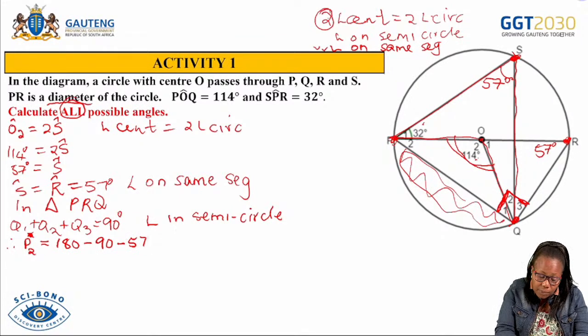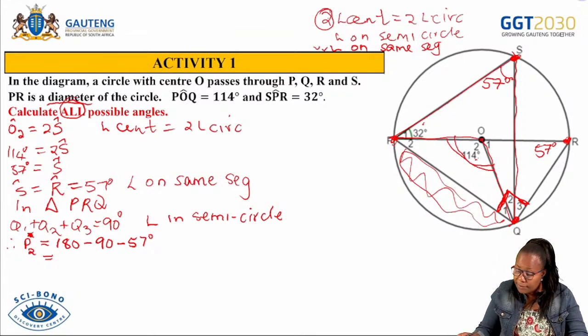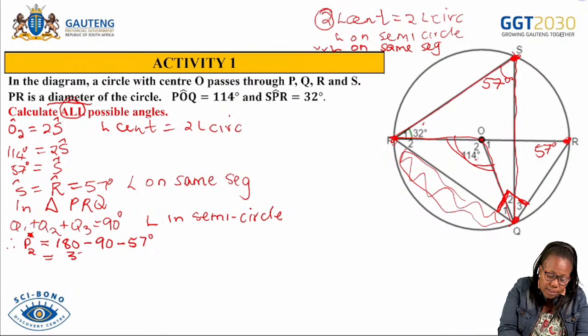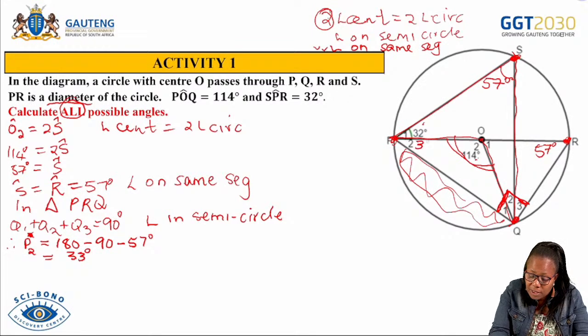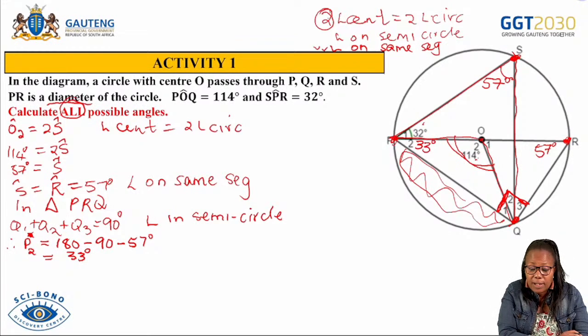Then this will give us how much? 180 minus 90 is 90. And then 90 minus 57, I think that is 33. Therefore, angle P2 will be 33 degrees. I hope we are still together, great terms.